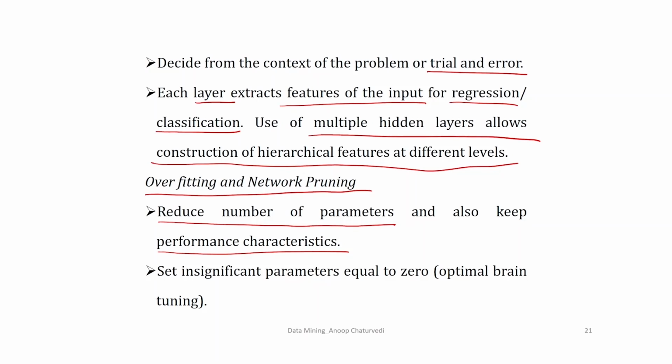You may like to set those parameters equal to 0 which are very small or negligible, or which are not playing any important role in the prediction of output. Further, you also want to keep the performance characteristics of your model. So, you may set insignificant parameters equal to 0, which is the optimal brain tuning.